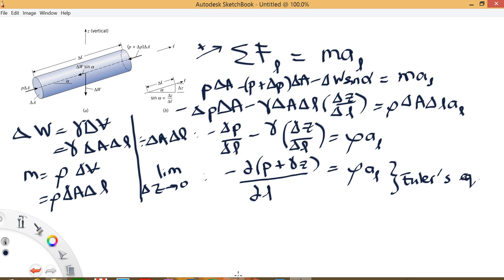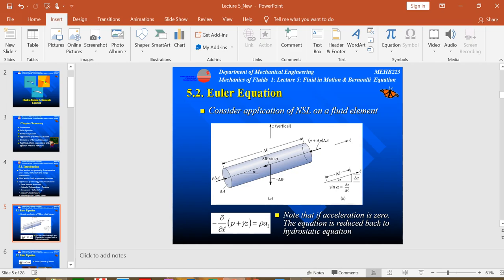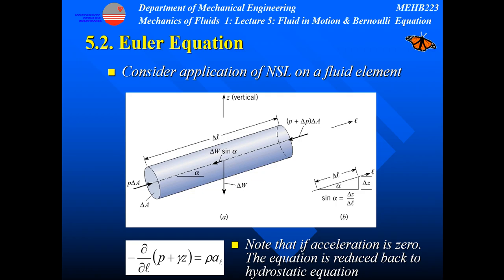Let's go back to the slide. Okay. So note that if acceleration is 0, the equation is reduced back to the hydrostatic equation. Remember the hydrostatic equation?